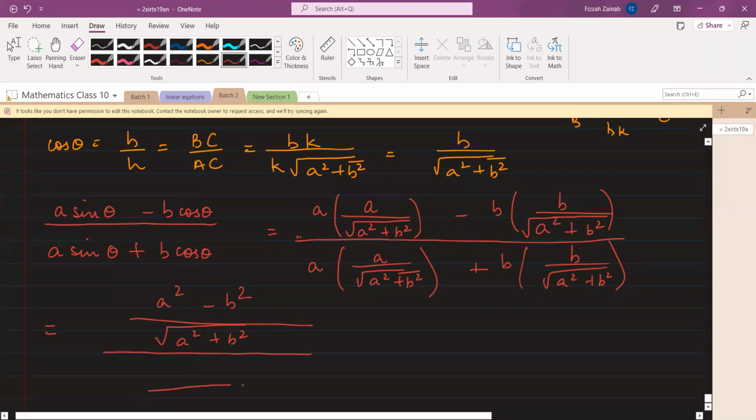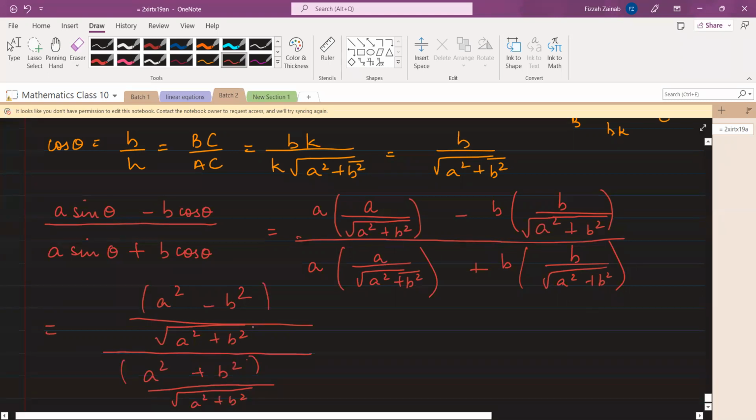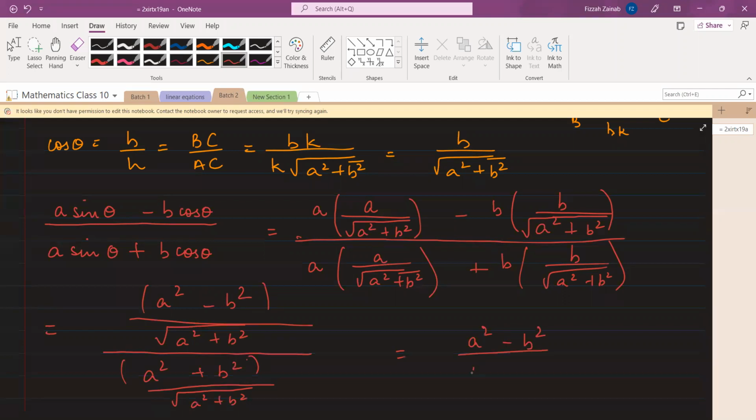And similarly you take LCM of the denominator because both are same, and you get A square plus B square, right? Okay, ma'am. And then both the denominators will cancel out and it will be A square minus B square divided by A square plus B square. Okay, ma'am. Thank you.